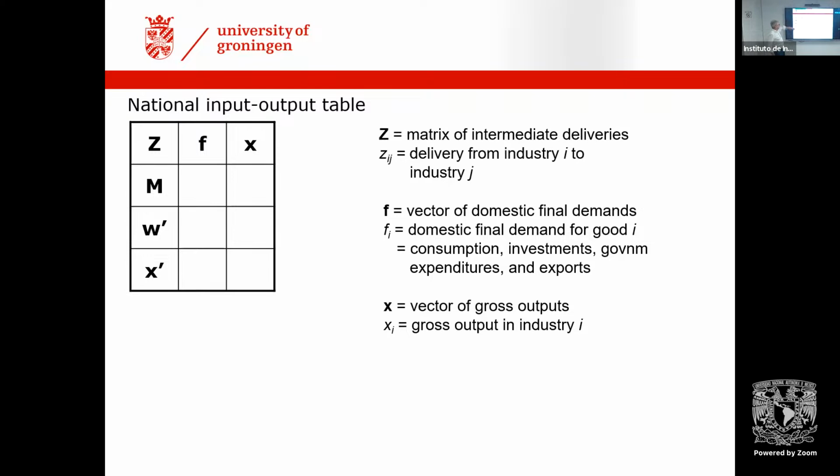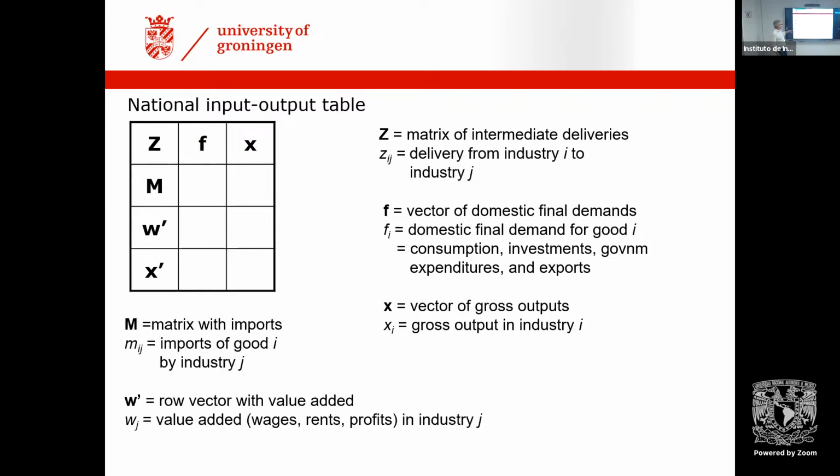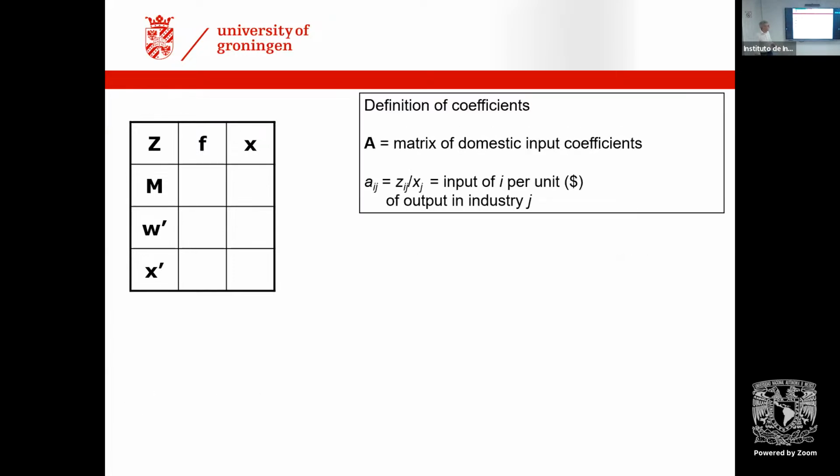Here are the intermediate deliveries, and for simplicity all the final demand categories are aggregated into one. The outputs, in this case, form a full matrix with imports, and we have a row vector with values added per industry.